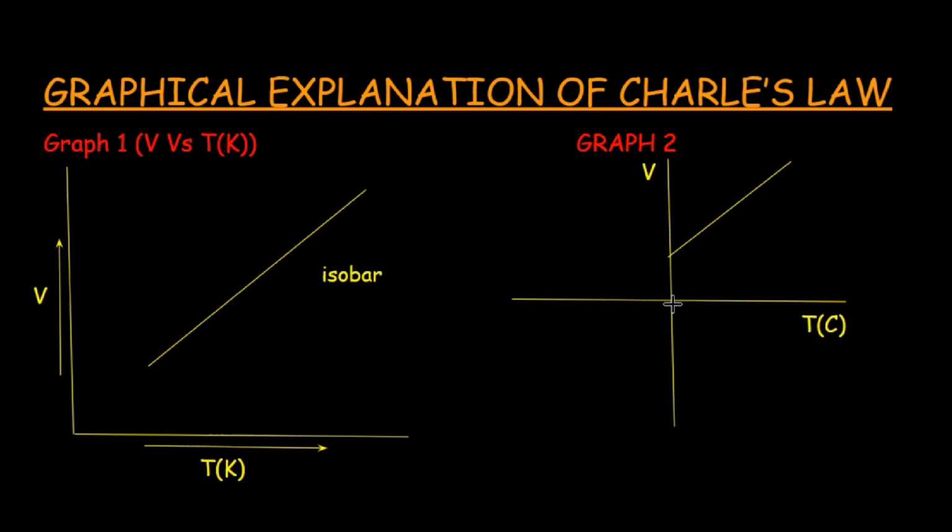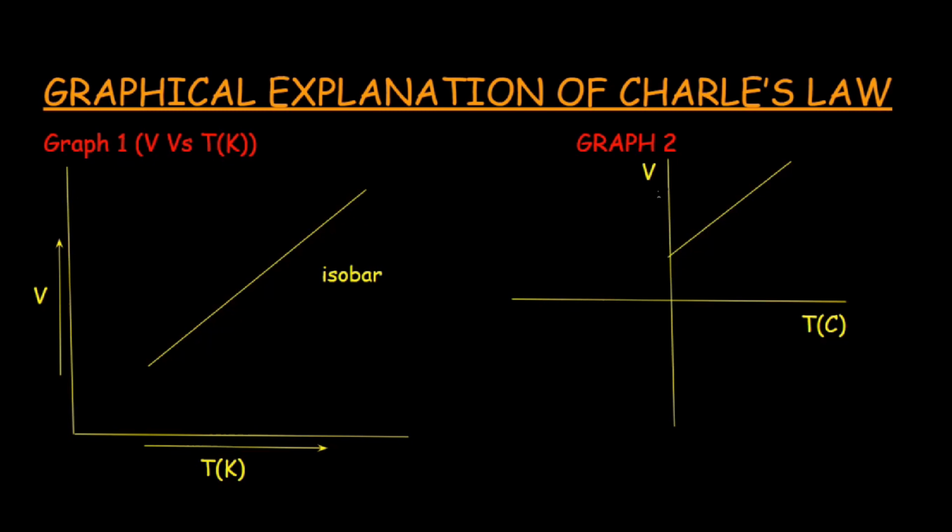So when temperature approaches 0 degrees Celsius, this straight line inclined to the VT axis meets the volume axis, or the isobar meets the volume axis, but it again does not meet the origin because 0 degrees Celsius is a temperature where volume should be equal to 0, but it cannot be equal to 0.